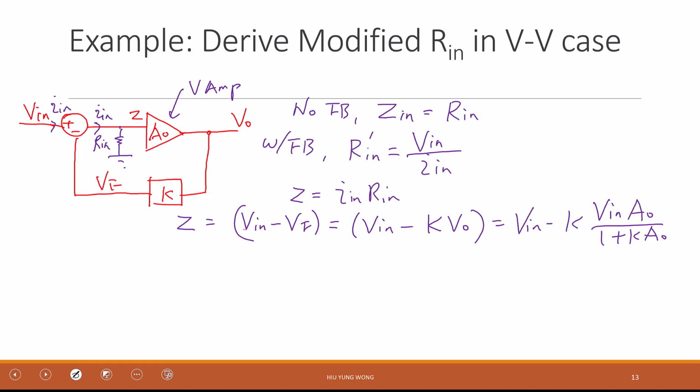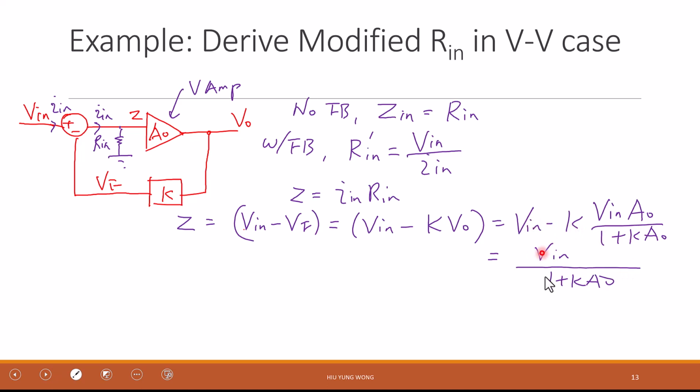So this means that Z equals V in times 1 plus V in times KA0, and then minus V in times KA0, so these two get cancelled. Do you see that?